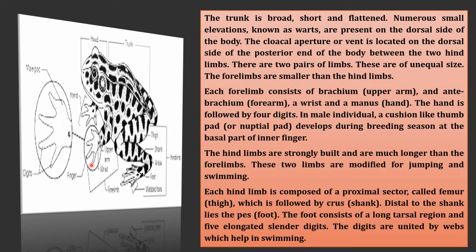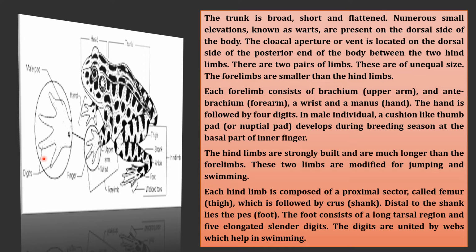In the male individual, a cushion-like thumb pad or nuptial pad develops during the breeding season at the basal part of the inner finger. This is a characteristic by which you can differentiate between a male toad and a female toad.